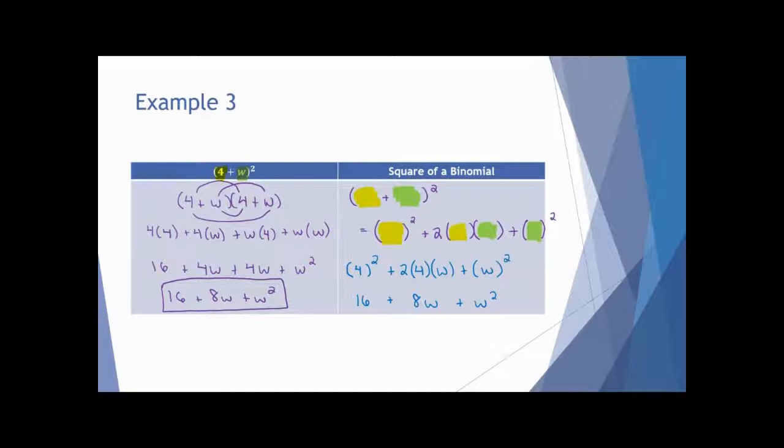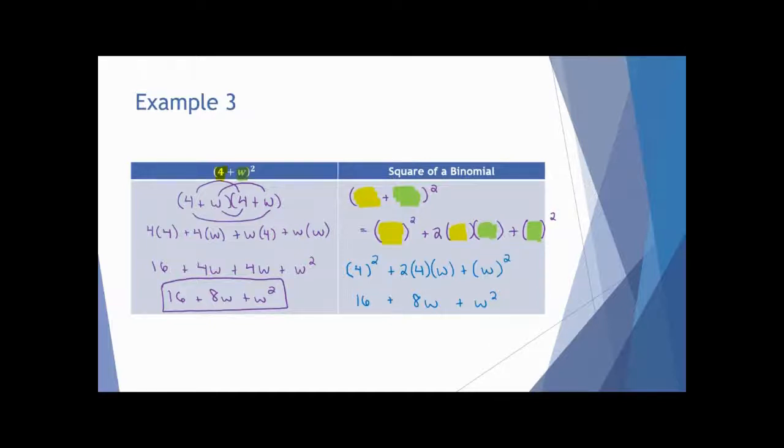It's only 2 steps with this shortcut as opposed to basically 4 with the FOIL method, but you get the same answer either time. And so that's the key, is that you can use either one of these. I use the shortcut, but that's only because I've done multiplying of these so many times that it's faster for me, since I've basically memorized the shortcut.